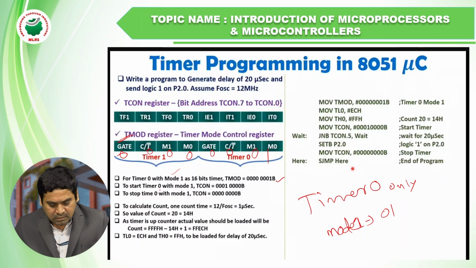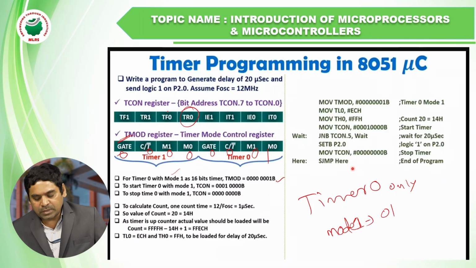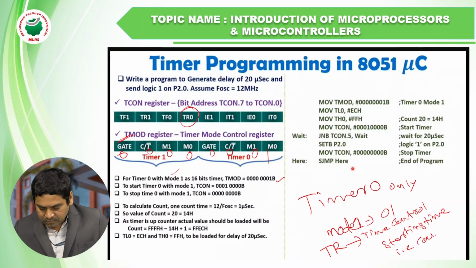To start timer 0 with mode 1, in TCON the fourth bit is TR0. TR0 represents timer control; it means count start.